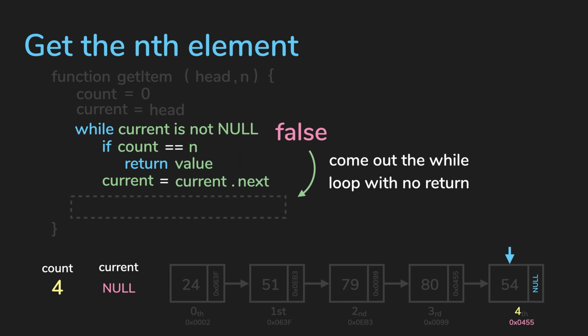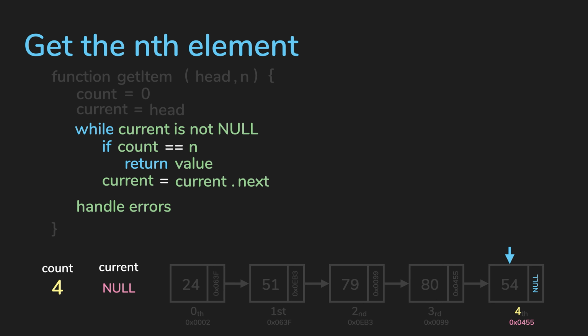If we come out of the while loop without returning anything, it means that there's something wrong, which can happen when the linked list is too short to return the nth element. For example, when we try to get the 10th element when the 4th node is the last one. So if you would like to do some error handling, this would be a good position to put it.